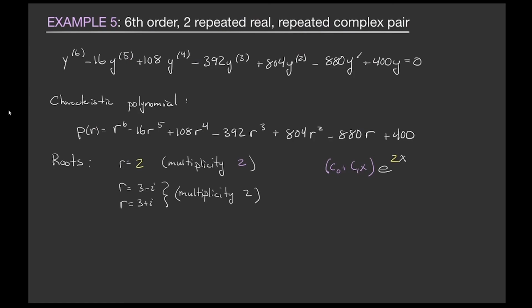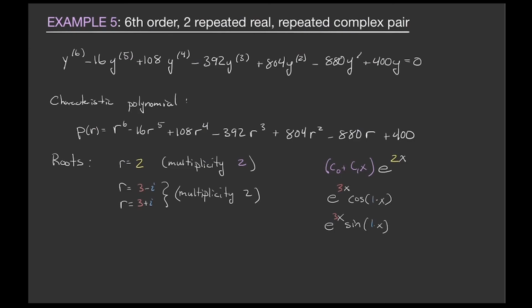Then in the case of the complex pair, we know that that will give us a pair of trig terms that are multiplied by an exponential. Now, in a similar way to what we saw with the exponential matching up with the real number, we're going to see the same thing here, where we multiply by polynomials.